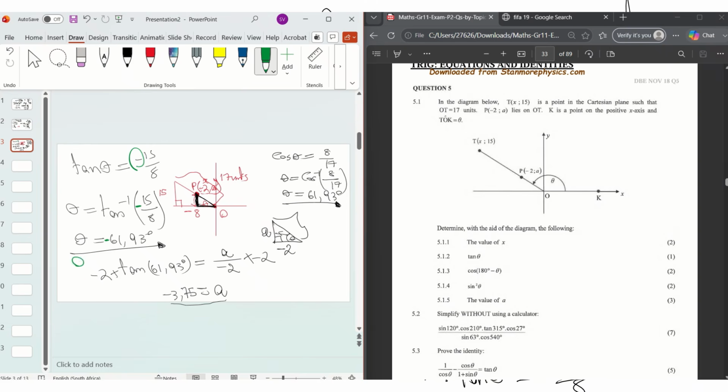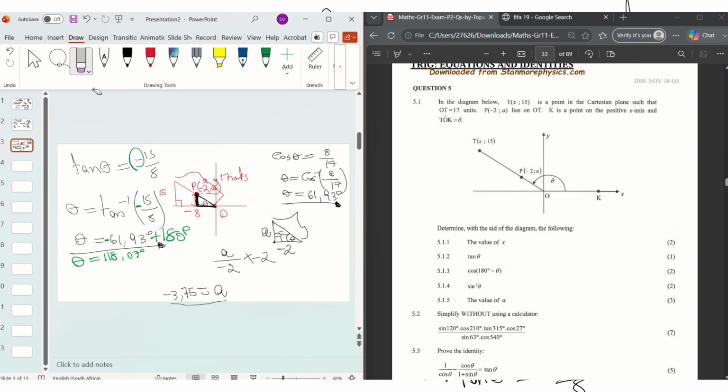Then after that, I can say theta is equal to, just by adding 180 on top of that angle, -61.93 plus 180 degrees. That would give me 118.07 degrees. So it's important, guys, if you substitute the negative there, you're going to get a negative angle.